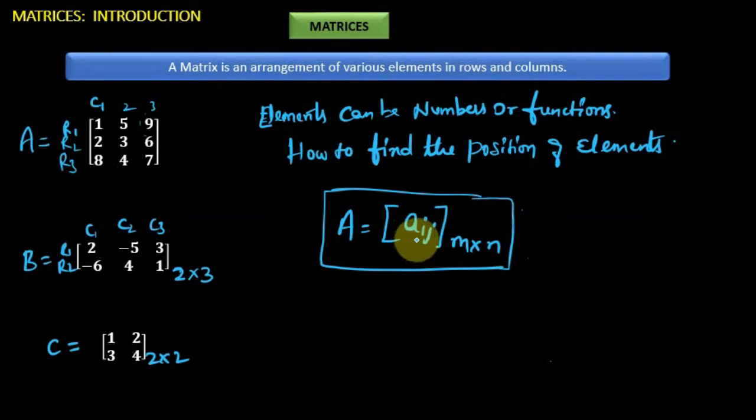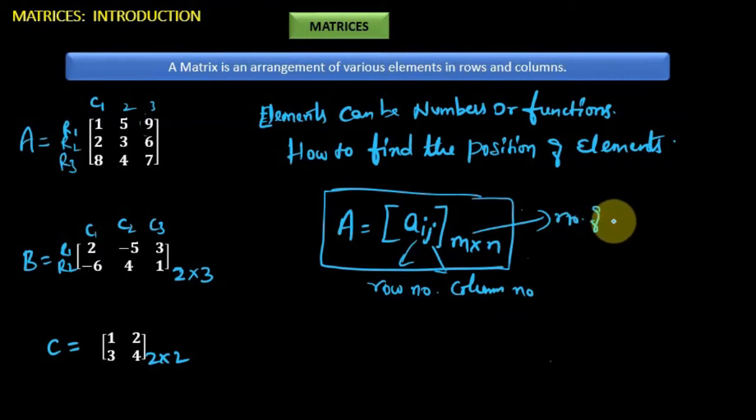Here i means row number, j means column number, M means number of rows, and N number of columns, right? So this is the general form of representation of any matrix.